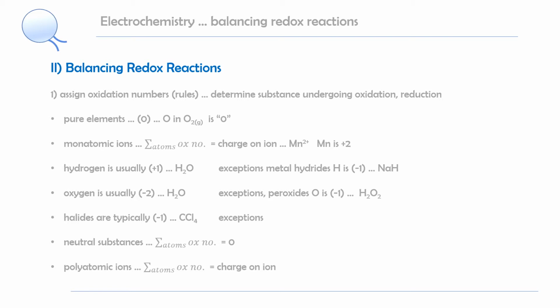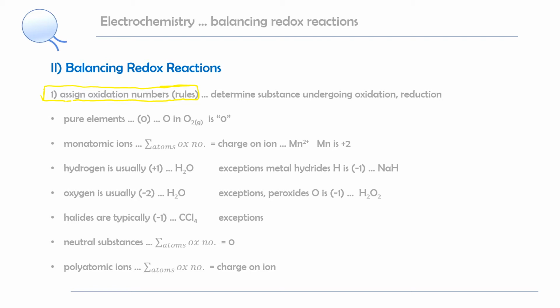So the first thing, very fundamental, that we must be able to do is go in, assign oxidation numbers, and if there is a change in oxidation number to our substances, then it is a redox reaction. So we should proceed with the balancing. Okay, so in terms of assigning oxidation numbers, there's a set of rules that you must follow.